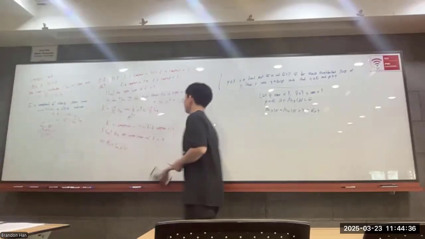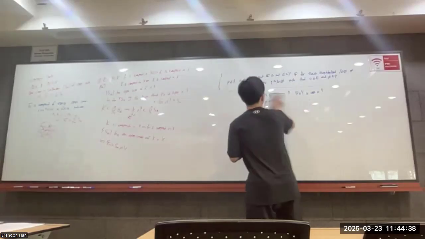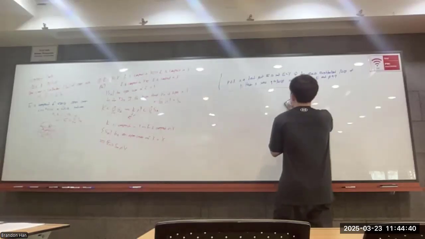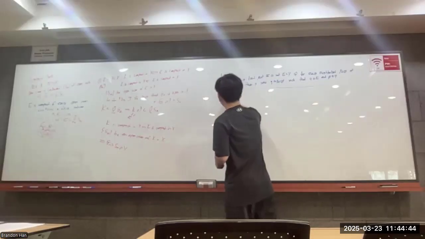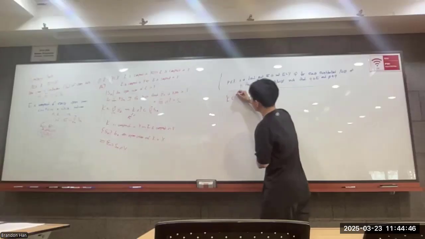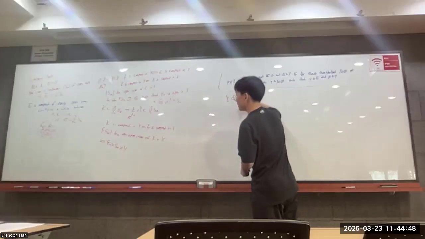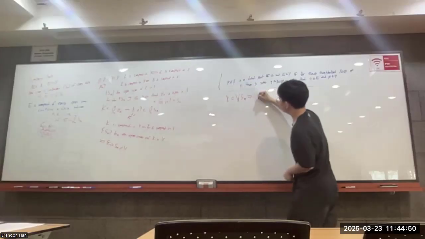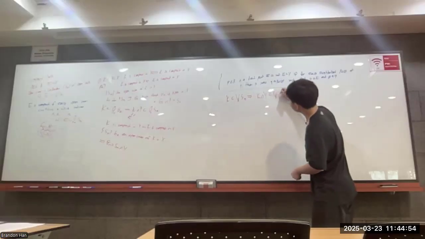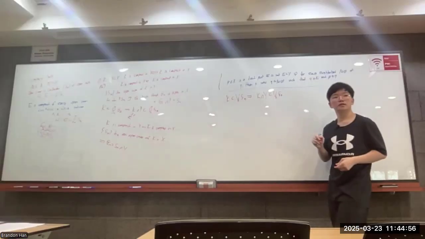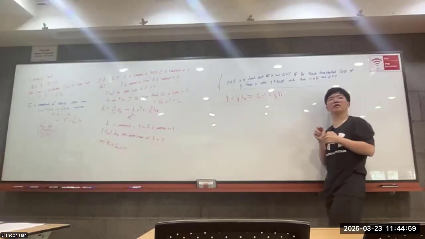And by the definition of an open cover, K is contained within this union of Sn, which means the intersection of K and Y is contained within the union of Gn. This is just taking the intersection with Y.